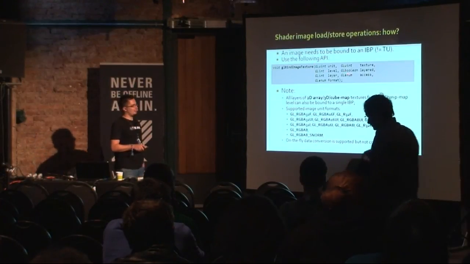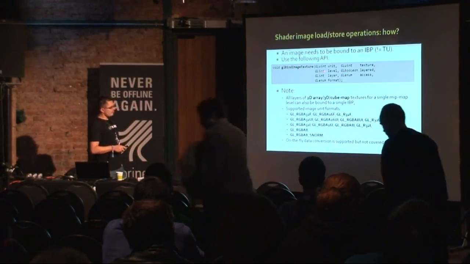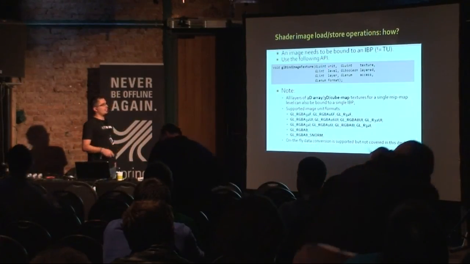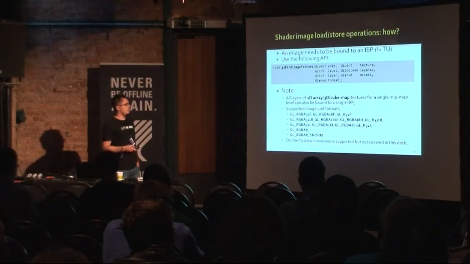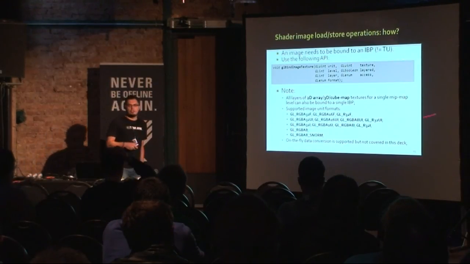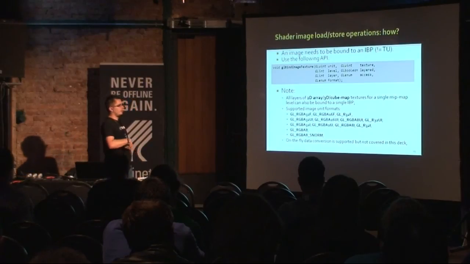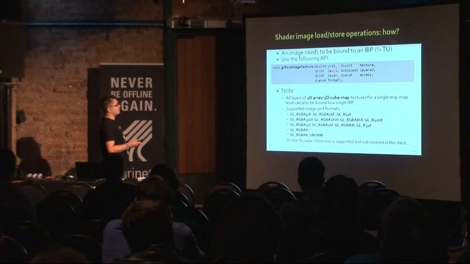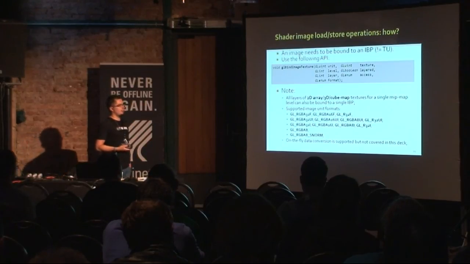This is quite complex if you look at it. There's quite a lot of arguments in here. The first one is unit, which is the index of an image binding point that you want to use. The second argument is the texture object ID that you will be modifying one of the layers or faces of. Then we have level. Level is surprisingly the mip level of the object.